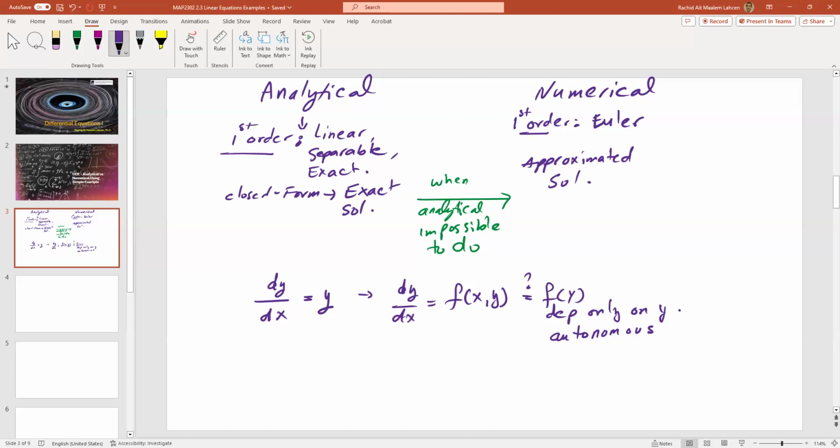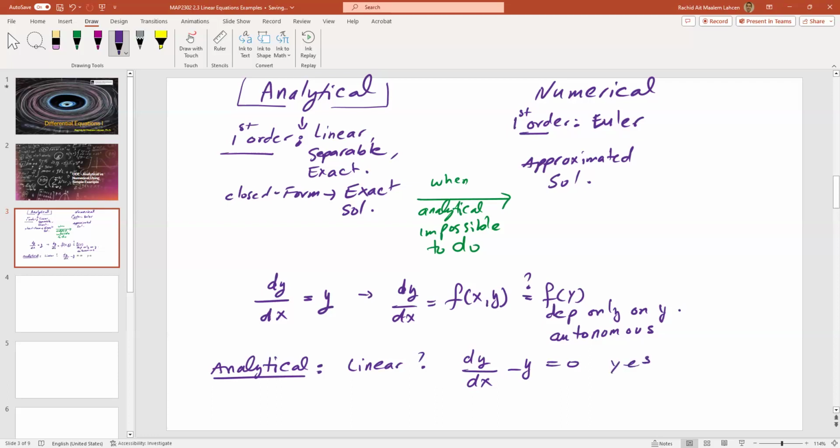So now let's explore the analytical side. Of course, I need to find what type this is. It may be more than one type. So let's ask, is this linear? Well, if it's linear, then putting it in this form, it should fit that description that we talked about. And yes.